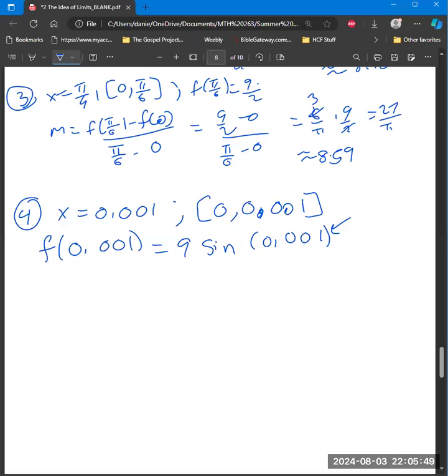So again, calculate using radian mode. That's 0.001 radians that we want there. And that's going to be 0.008999985.